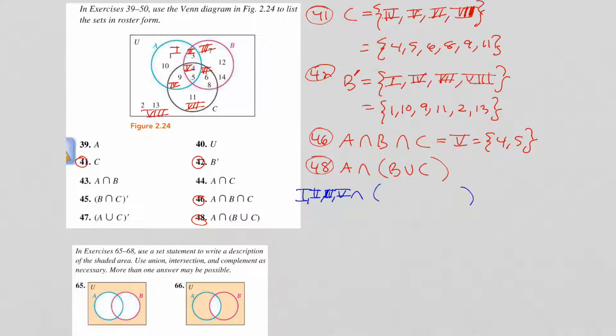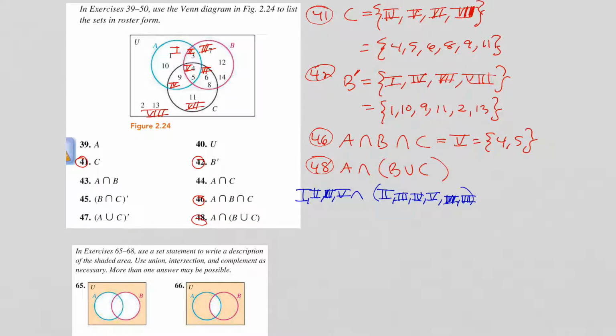So that's A. So B, the union of B and C, in other words, all the regions in both B and C, but just don't repeat any. So starting at the top, I got 2, 3, 4, 5, 6, and 7.